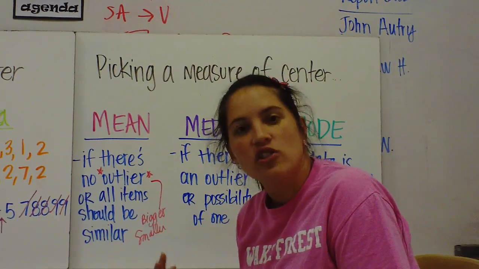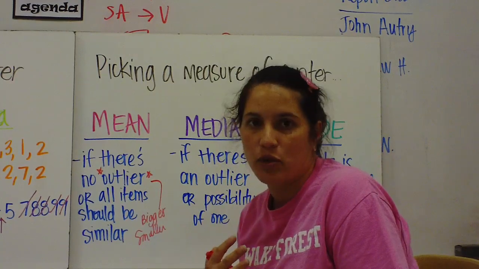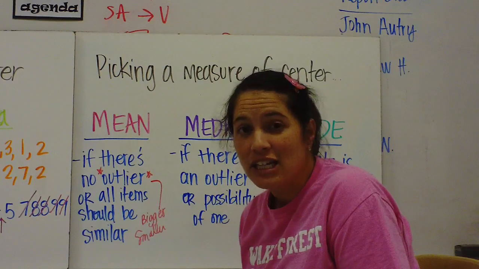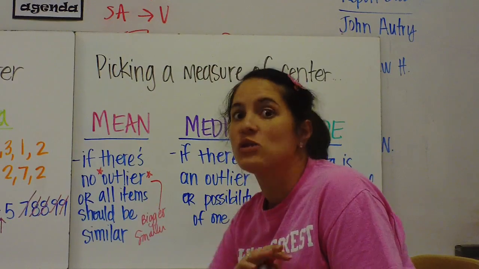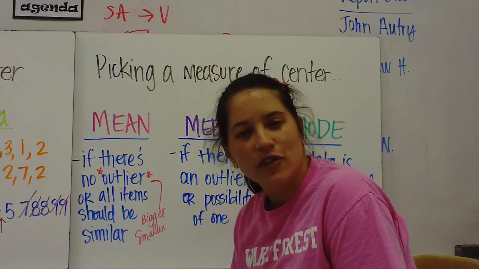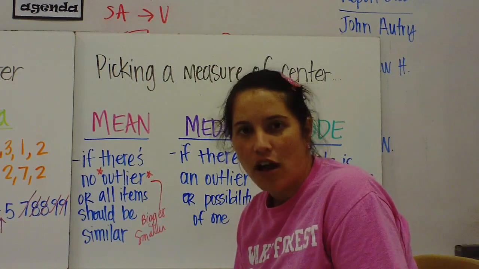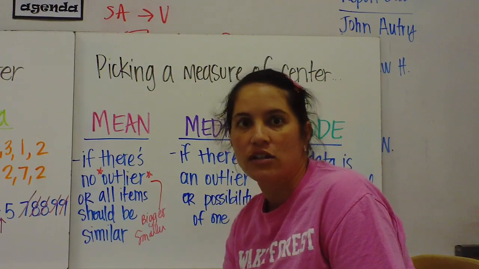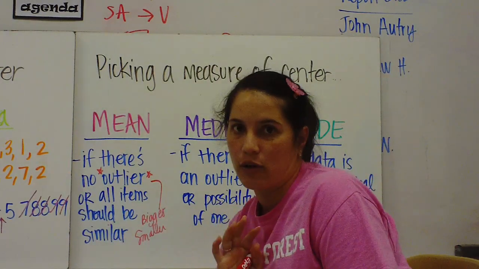Kids in 7th grade generally are 12, 13, maybe 14. But if someone was in 7th grade and they were 17, that would be an outlier because that was way bigger. Or you hear about these kids who go to college when they're like 15 or 16, and everyone else in college is in their 20s. That's an outlier because it's way younger. So an outlier is like that number that's way bigger or way smaller.